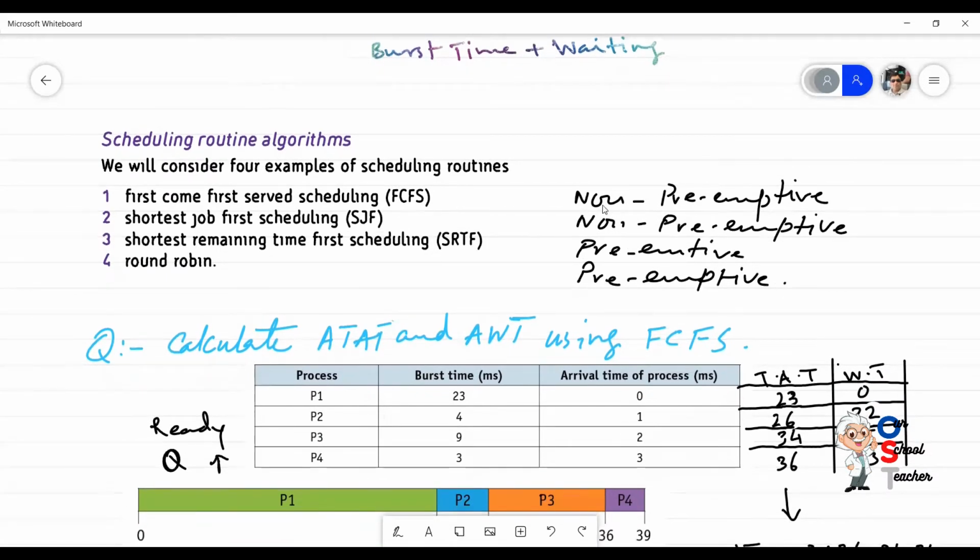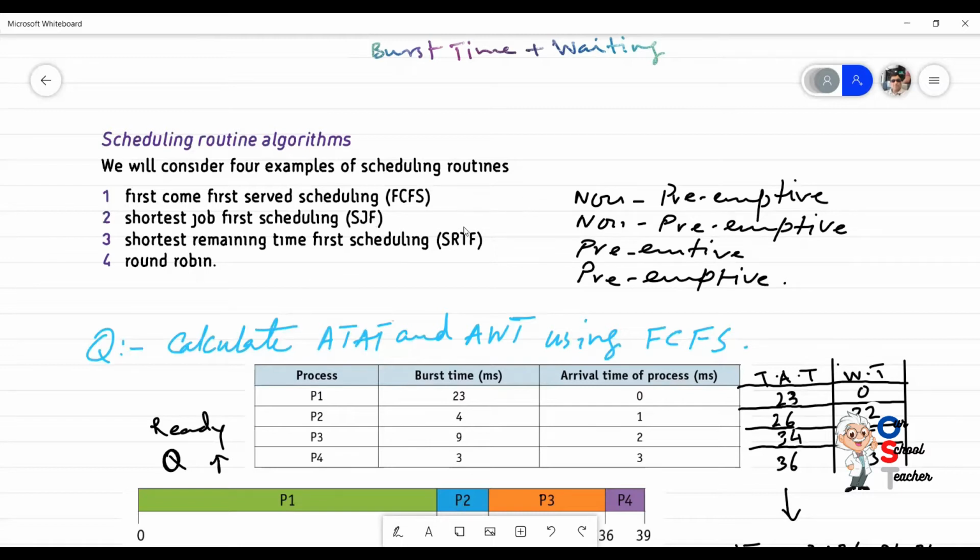In both of these, first come first serve and shortest job first, the non-preemptive approach is used. Non-preemptive mode means, as I have told you in previous lessons, that the CPU quantum is not divided, and the process is given full chance to complete itself. Until the process which is in execution is complete, another process is not given a chance.